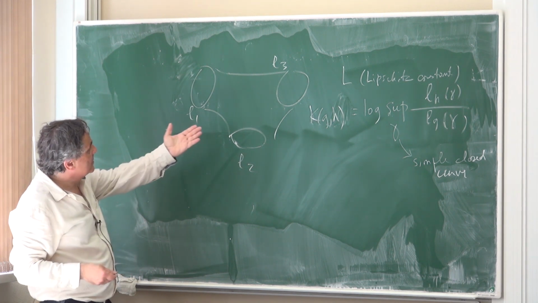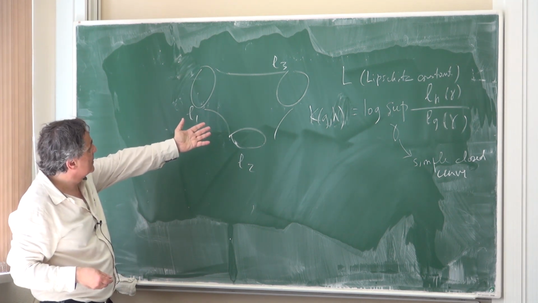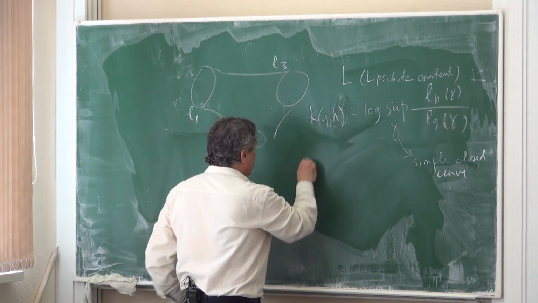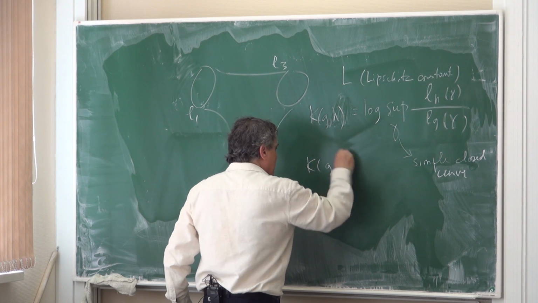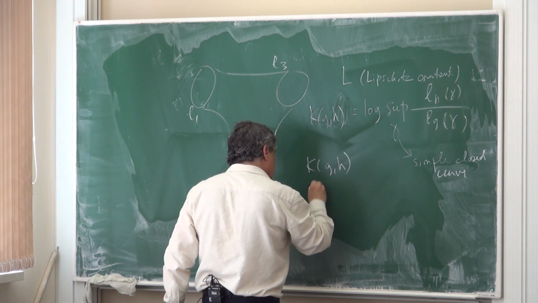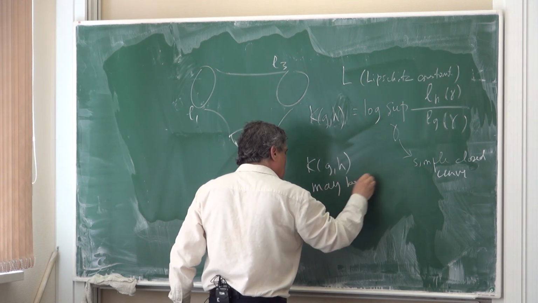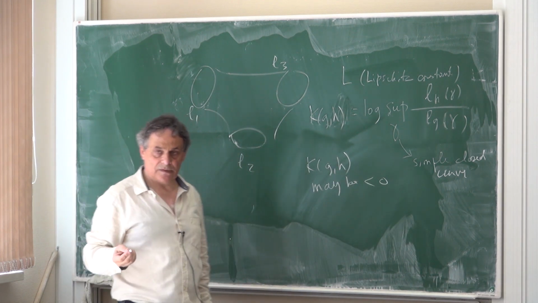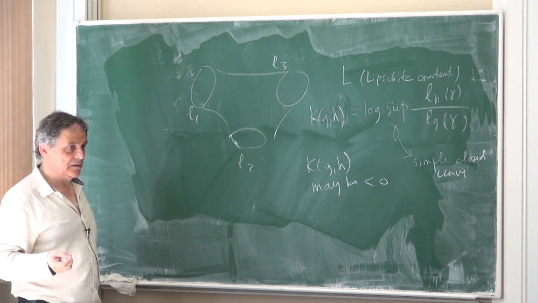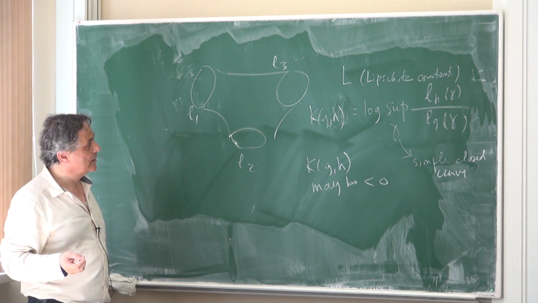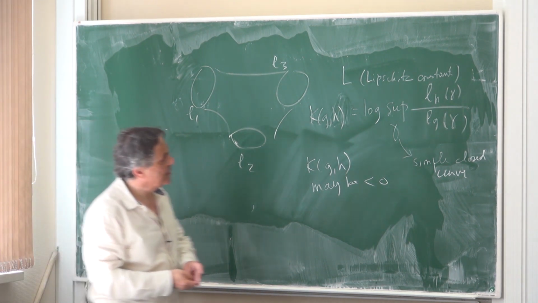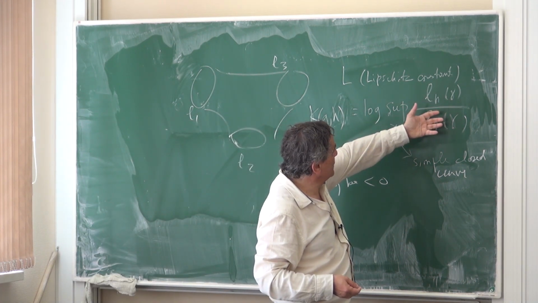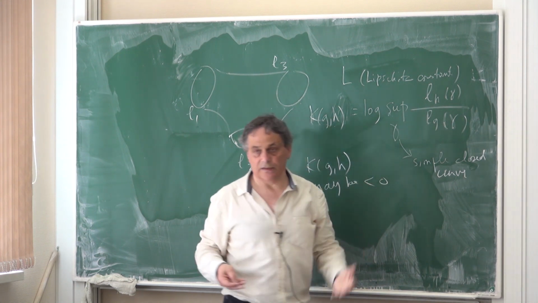Well, it's easy to see that in this case, there are G and H such that this distance is negative. Right? This supremum can be less than 1, and then the logarithm is negative.